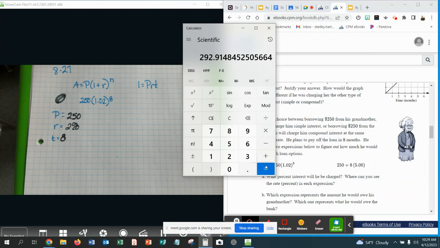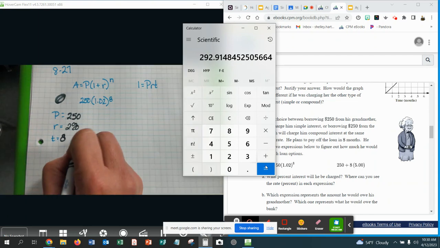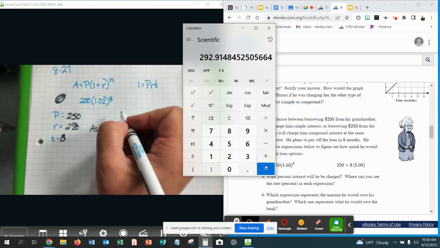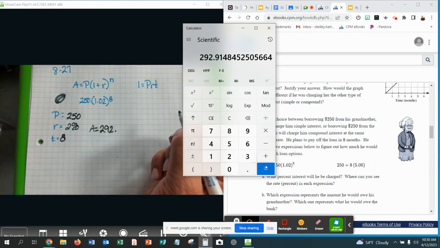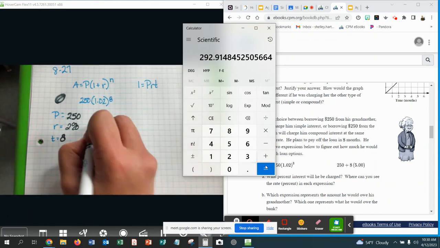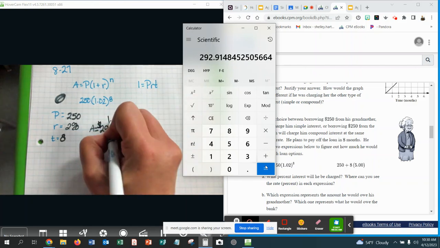So you got 40 out of that? You must have done simple interest. So the A in this moment is 292.91. That's what would be the compound interest answer.